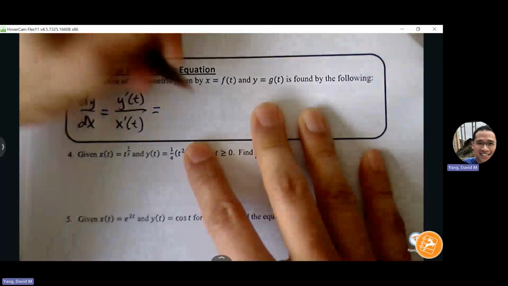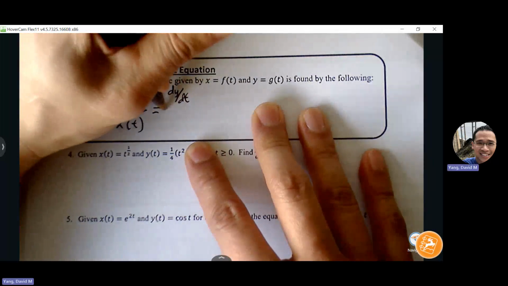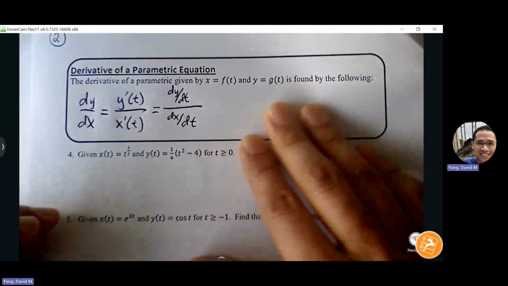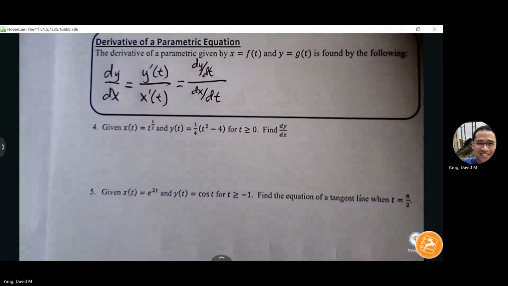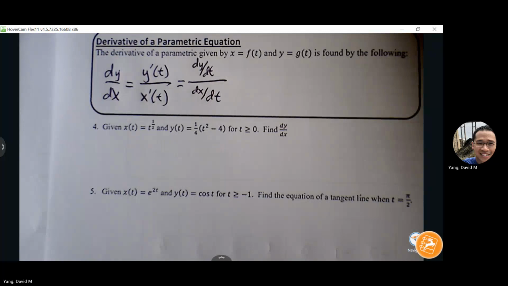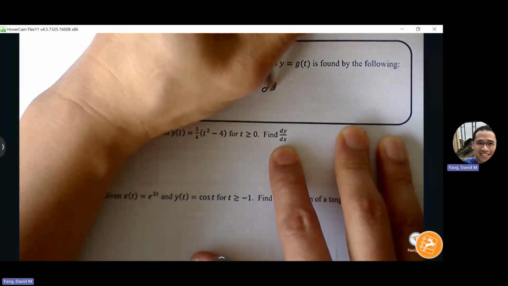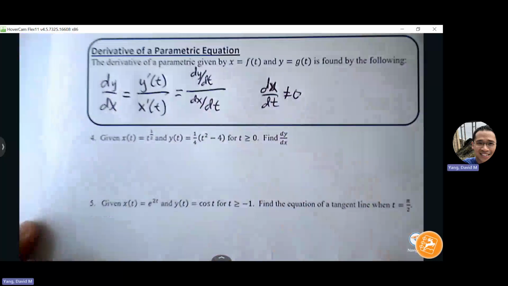Or in other words, if I do dy dt divided by dx dt, I'm able to get the slope or the derivative of that parametric equation. And this is assuming that dx dt is not equal to 0. Otherwise, the slope will be undefined.